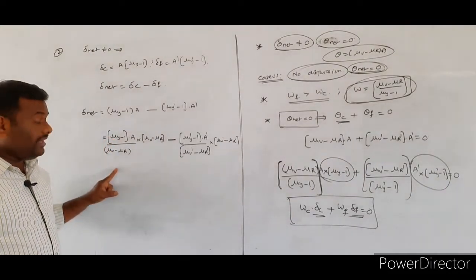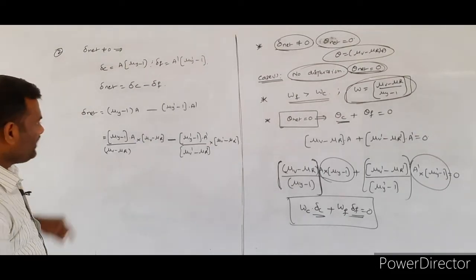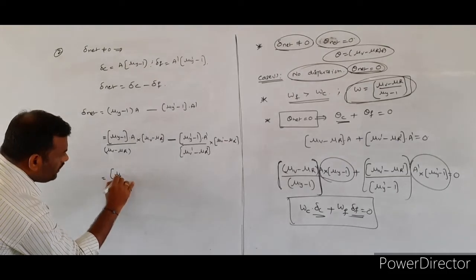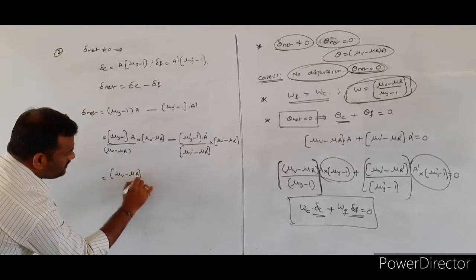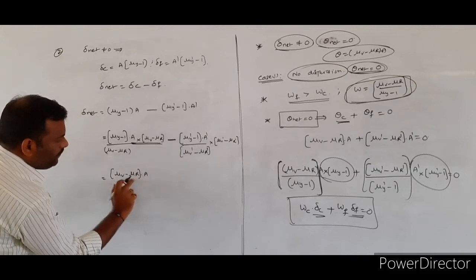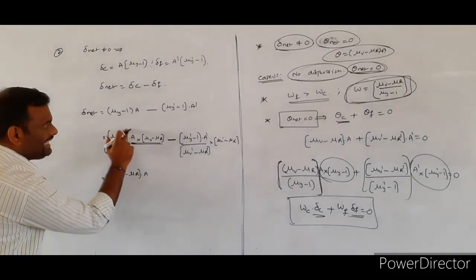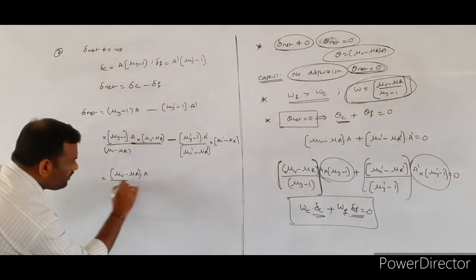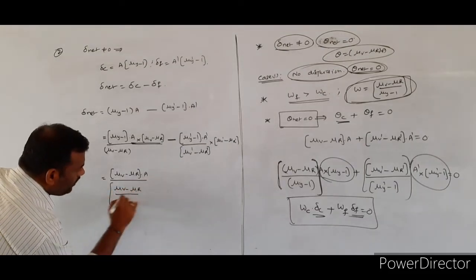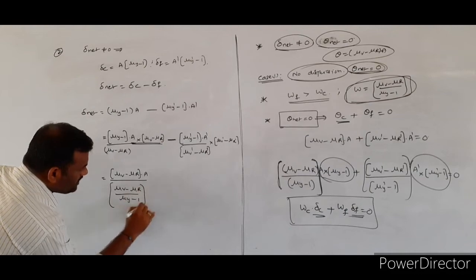That will be giving what? Dispersive power. So this value can be altered as, in the numerator which term was present? In the numerator this term will be present, mu v minus mu r into a, and this term will be coming to the denominator upon mu v minus mu r by mu y minus 1.